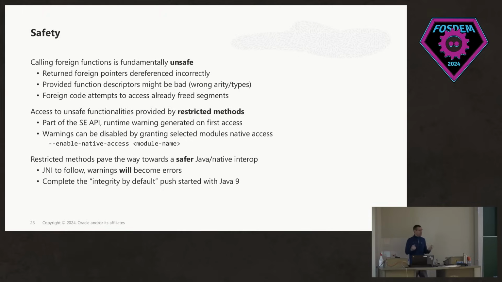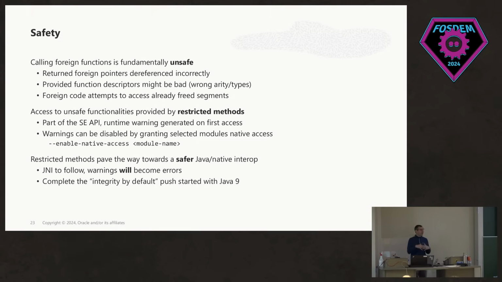For now, if you try to use a restricted method, such as the method for creating a down call method handle, you will only get a warning. But in the future, we plan to turn this warning into an error, and in that case, you will have to use a new option called --enable-native-access, that will grant a subset of the modules of your application, or the all unnamed module if you're using the class path, access to restricted methods.